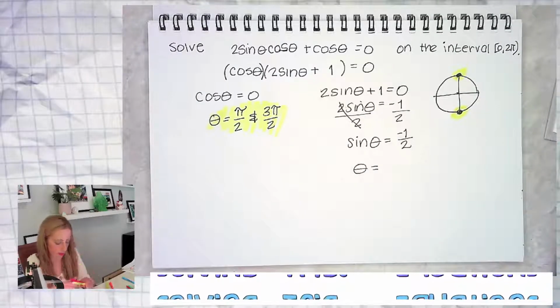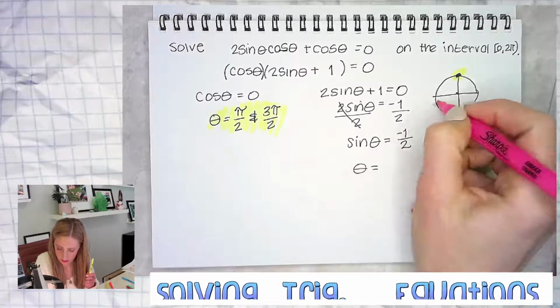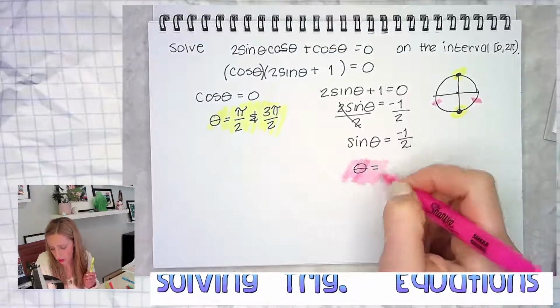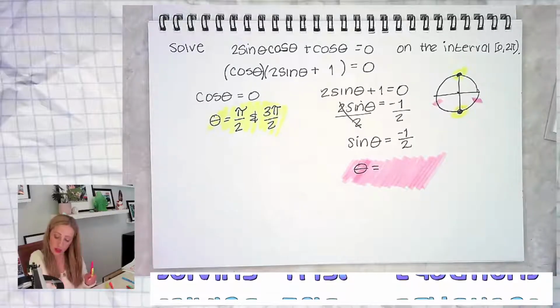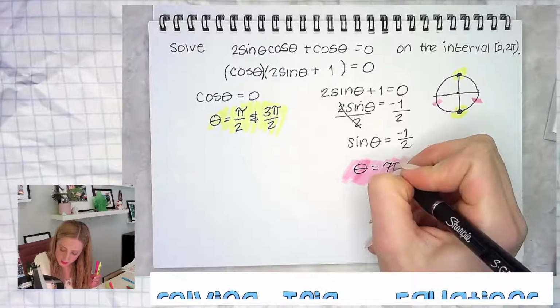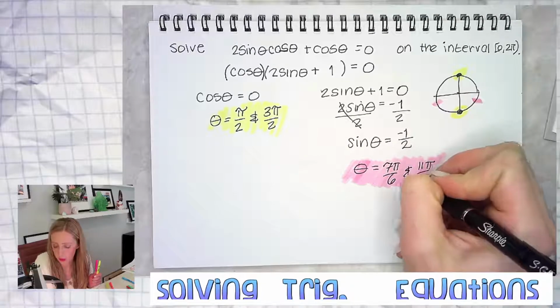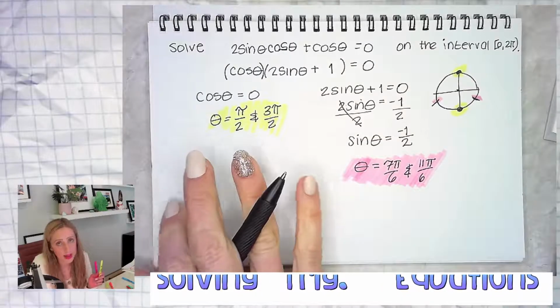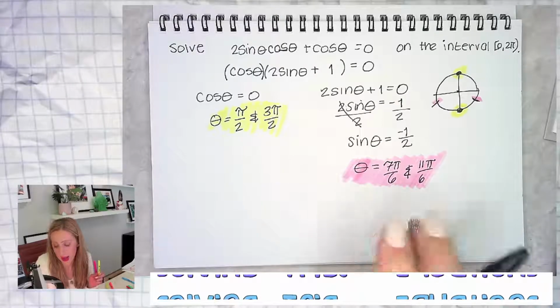Down a little bit. 7π/6 and 11π/6. Good. I've already got my highlighter out, so I'll just do that. So 7π/6 and 11π/6. And that's right there and right there. And that is the end of this particular example.